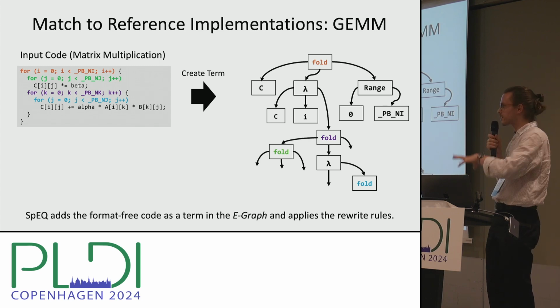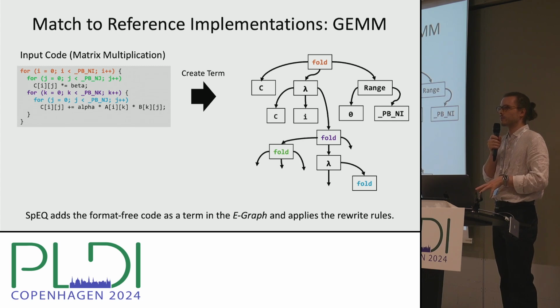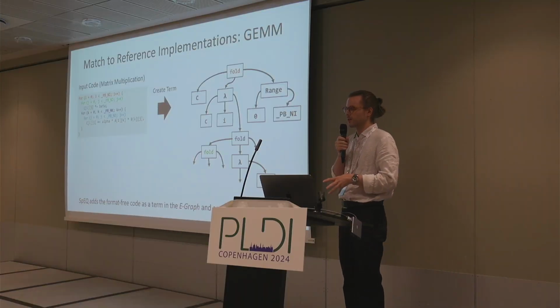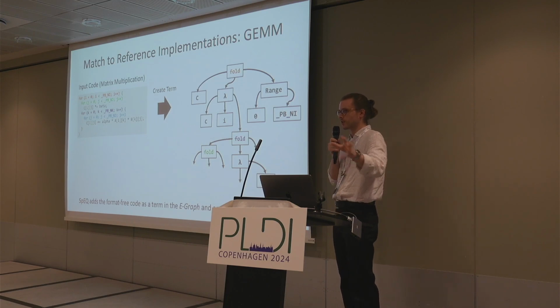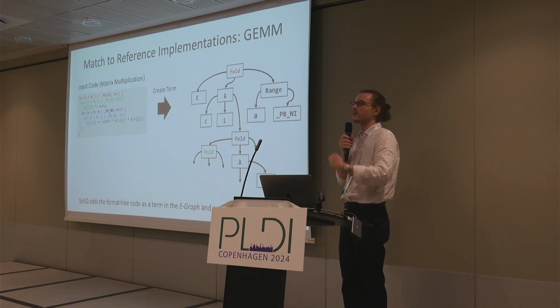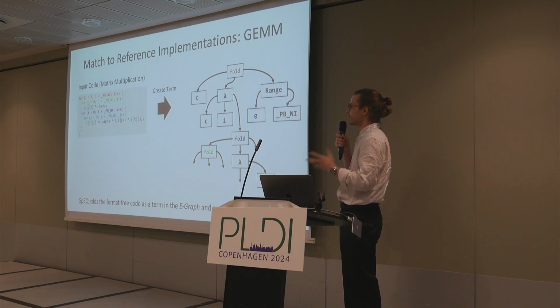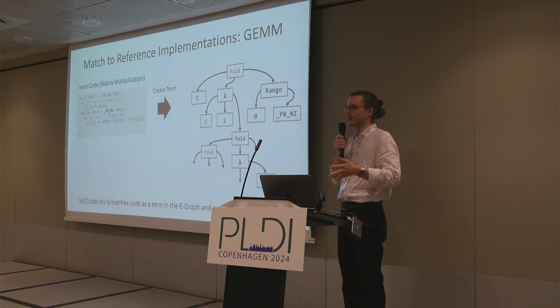So in this case, we didn't run into too much of a problem with that. But one of the future directions we want to look into is, instead of just matching to implementations, to also synthesize new implementations that may not exist through equality saturation.